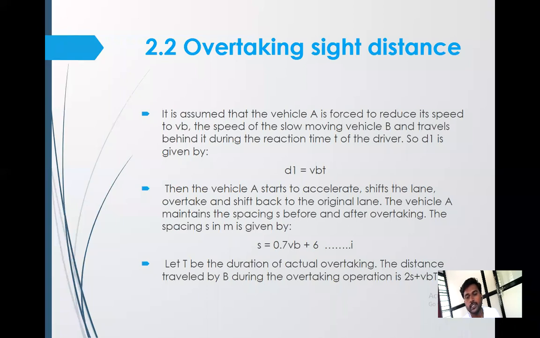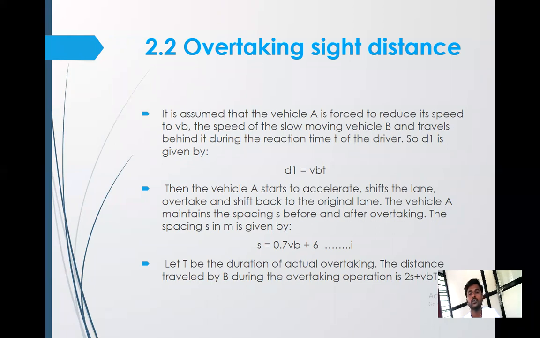Then the vehicle A starts to accelerate, shifts the lane, overtakes, and shifts back to the original lane. What happens? After the reaction time, vehicle A decides to go for the overtake, shifts the lane, overtakes the vehicle B, and shifts into his original lane.